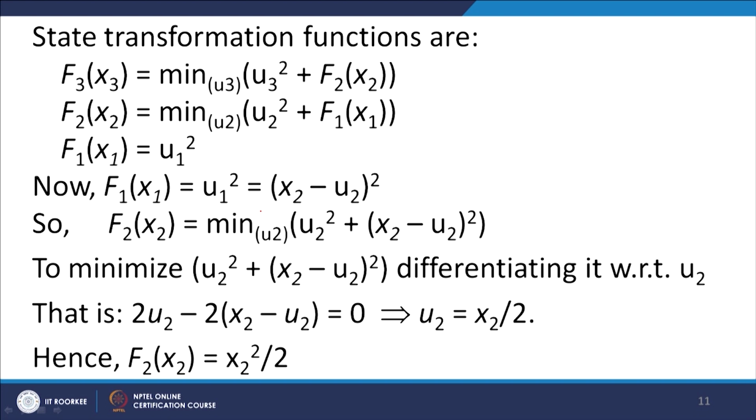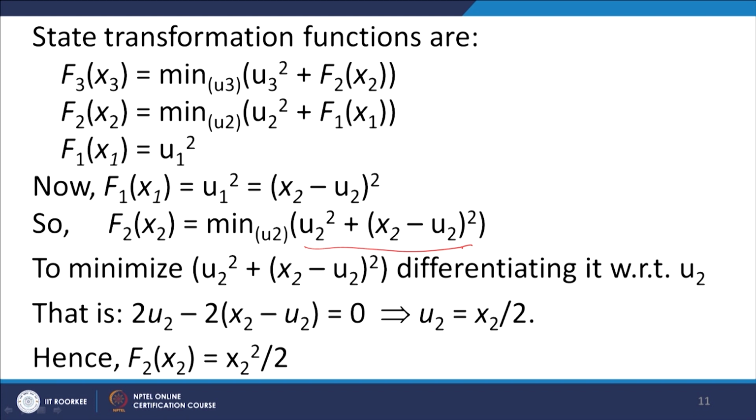So, this means that f2 x2 is equal to the minimum over u2 of u2 squared plus x2 minus u2 squared. Now we need to minimize this quantity inside the bracket, that is, u2 squared plus x2 minus u2 whole squared.